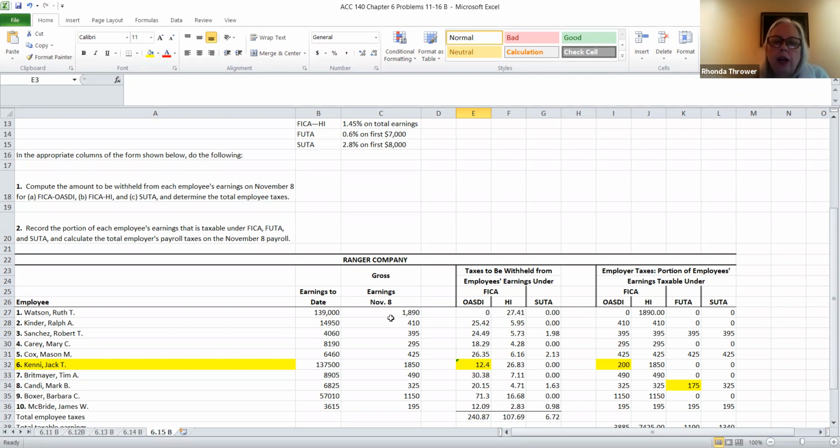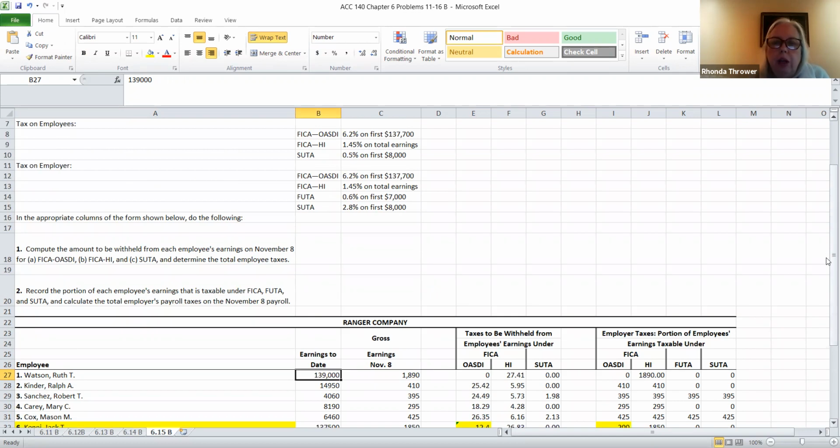And so for FICA, on this first person here, Ruth Watson, her earnings to date were $139,000. Well, we know from the information that was given, the ceiling for OASDI is $137,700. So this employee has already gone over the ceiling. So this employee owes no more OASDI taxes on their earnings.